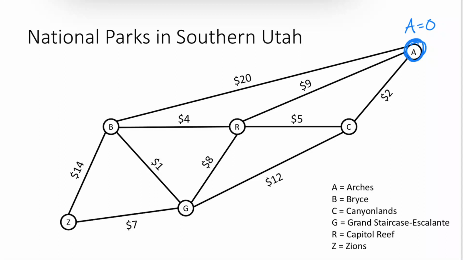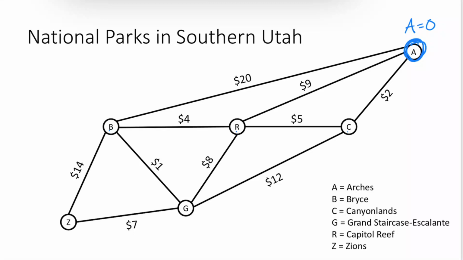And the way that Dijkstra's algorithm works is from your current vertex, you look at all of the vertices that are adjacent to it. So in this case, we have the vertex B and R and C because there are shuttle routes to Bryce and Capitol Reef and Canyonlands National Park from Arches in this hypothetical made-up situation I used here.